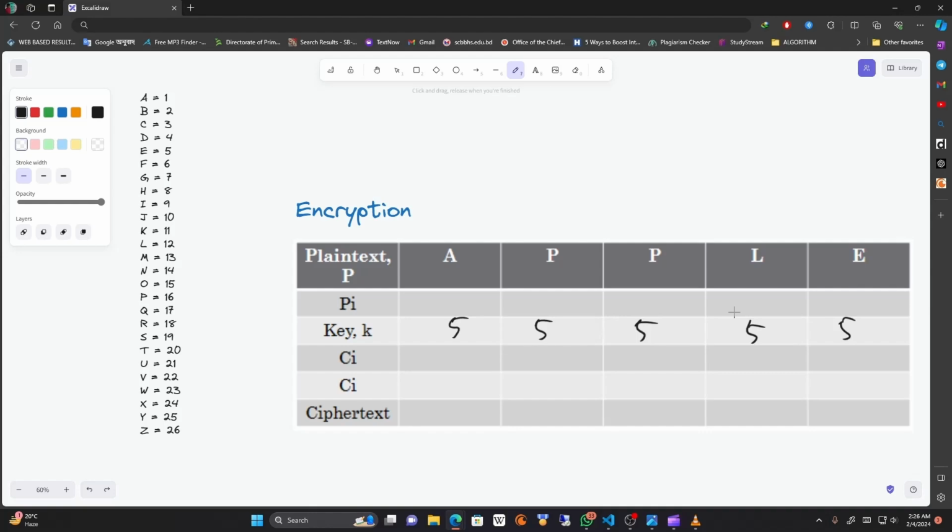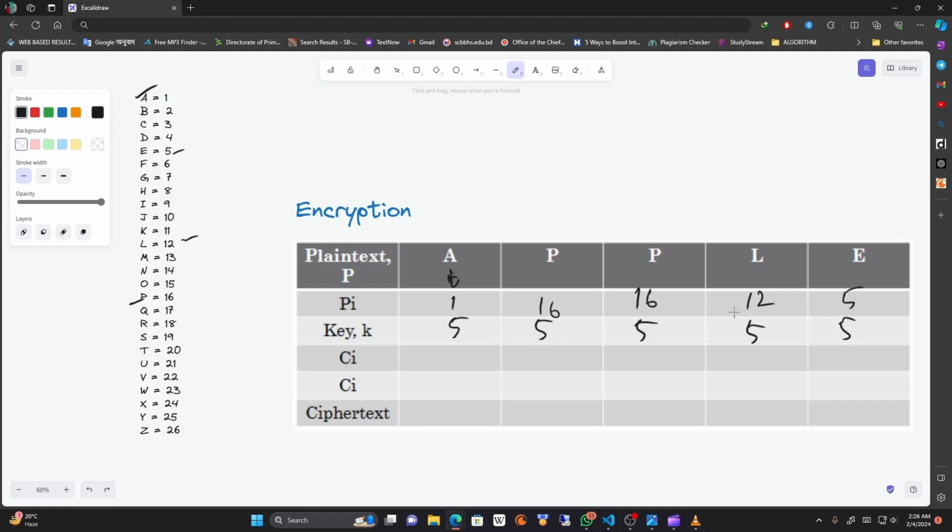Then here we write down our index value from A to Z sequentially from 1, here A equal to 1, B equal to 2, and so on. According to this index value, A's index value will be 1. For P we will get index value 16 for plain text, and this P is also 16, and for L we will get 12, and for E we will get 5.